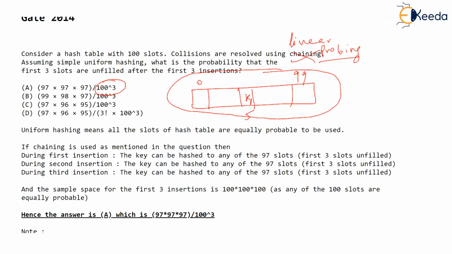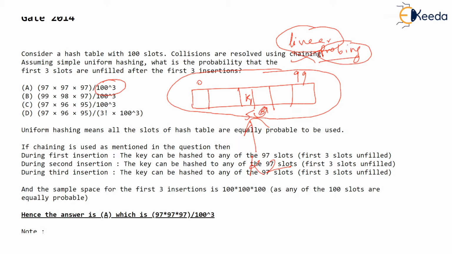100 places were possible. Now imagine you insert the second key. Now where will the second key get inserted? How many locations are possible? 99. Observe, because you are using linear probing now. I've changed the question. 99 places are possible because even if the second key K2 gets mapped to the same address, you cannot store K2 at the fifth address. So K2 should get mapped to some other address, isn't it? It should get inserted at some other address.